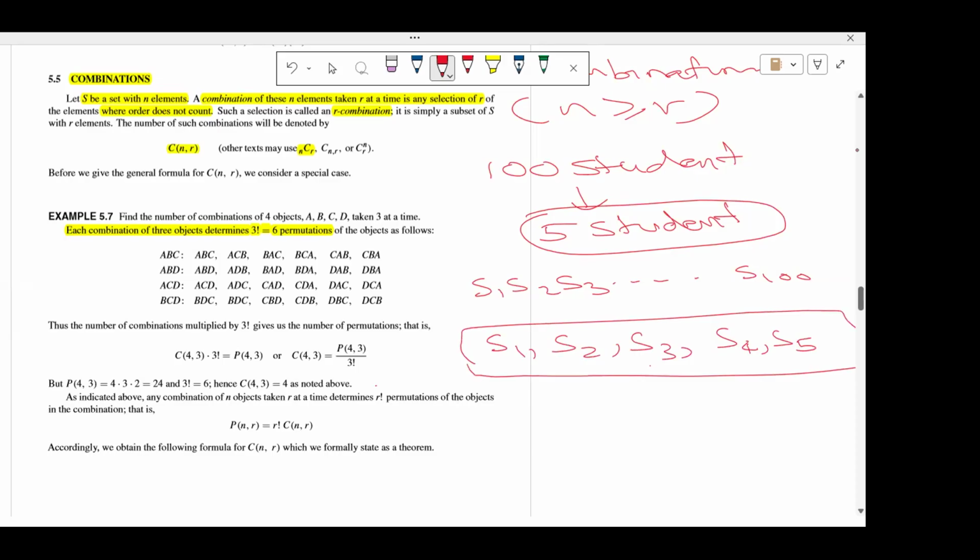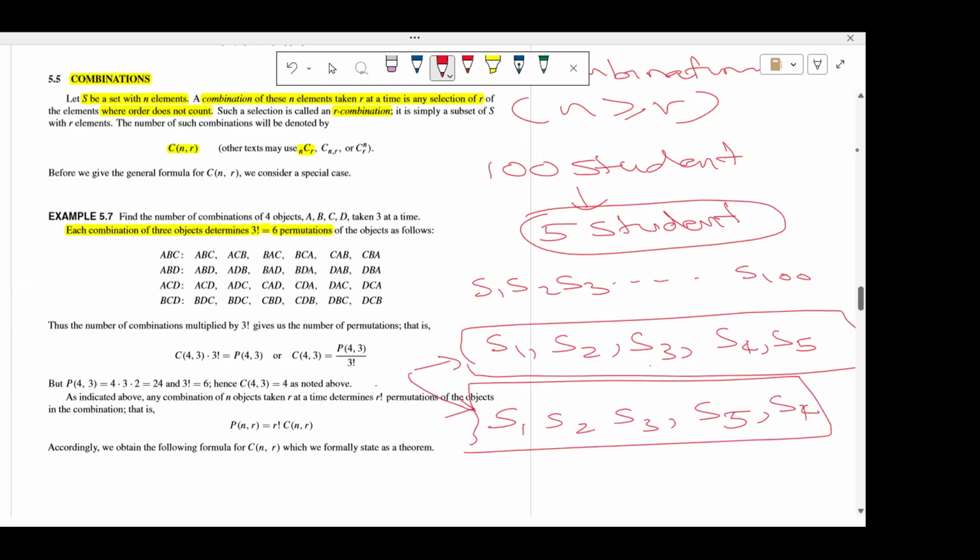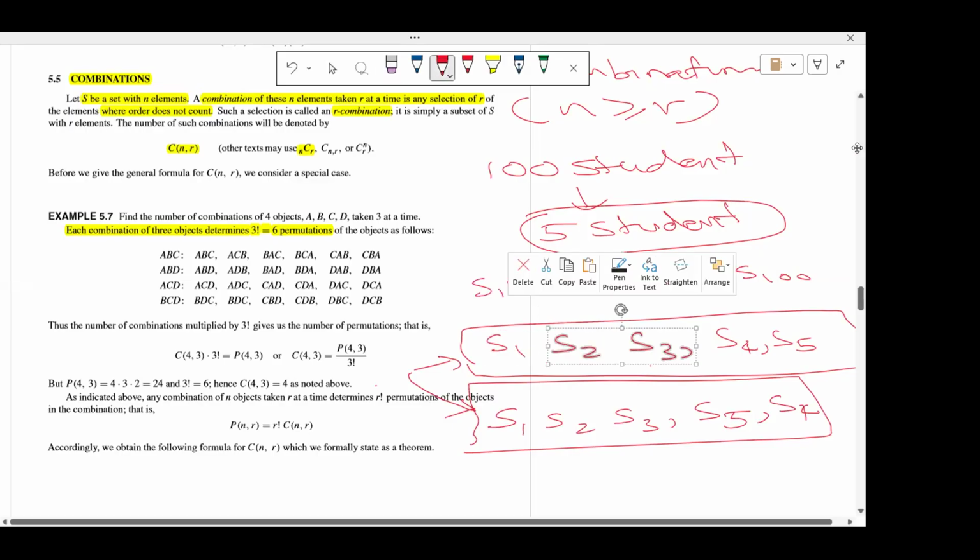Also, I can make S1, S2, S3, S5, S4. In permutation, we consider this a separate permutation. But in combination, we consider these two are the same group.